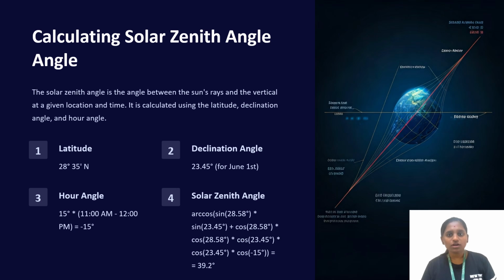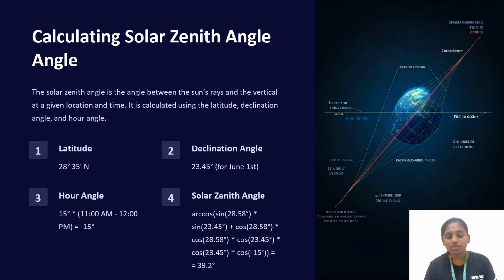Now calculating the solar zenith angle. The solar zenith angle is the angle between the sun rays and the vertical at a given location and time. It is calculated using the latitude, declination angle and hour angle. Latitude is given as 28 degrees 35 minutes north, and the declination angle is 23.45 degrees for 1st June.